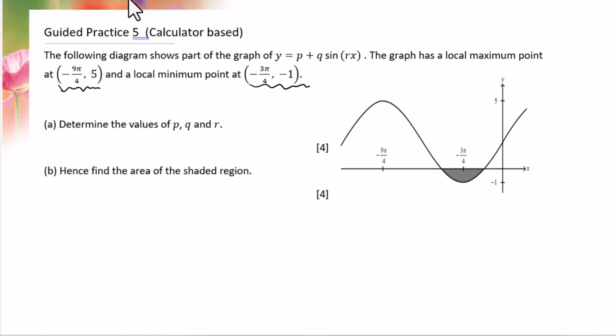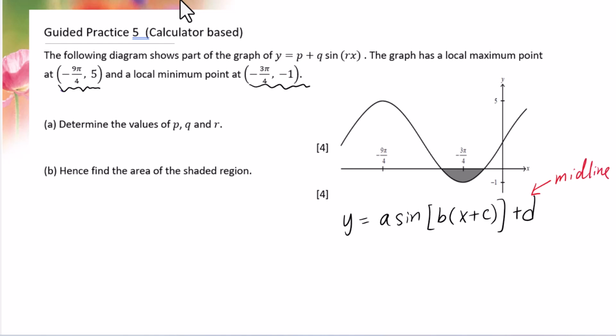Let's review y equals a sine (b times x plus c) plus d. We call d the midline, and b always equals 2 pi over period.